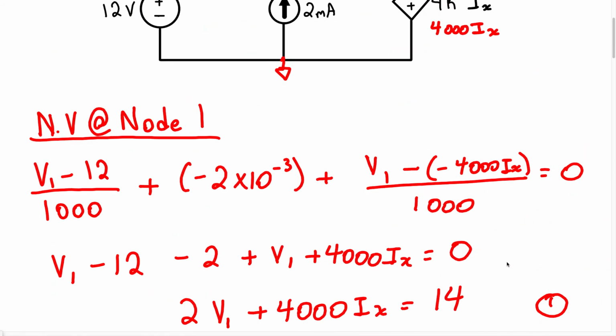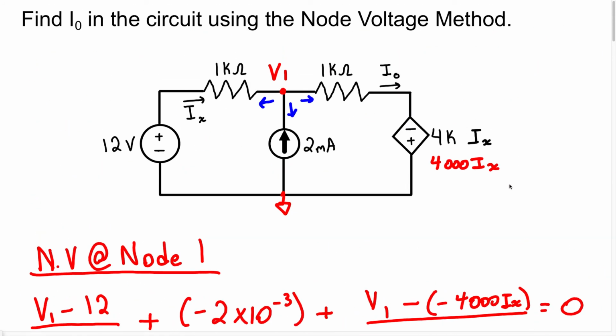The final way you could have solved this problem is you could have taken a KVL loop around the outer loop, right? Because we're going to take a KVL at the outer loop, we're going to walk around in a clockwise direction and sum up voltages. Even though we don't have any voltage across both of these 1K resistors, we know the current and the value of those resistors.